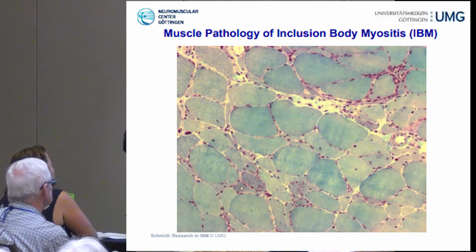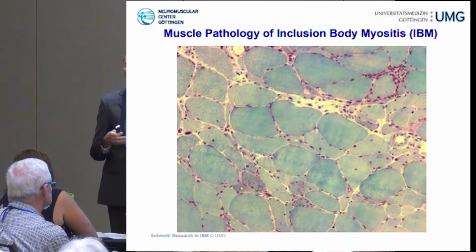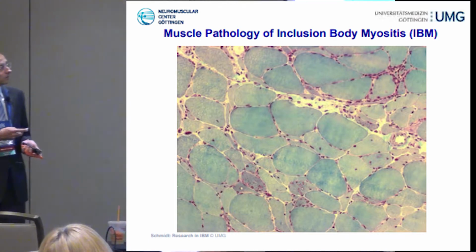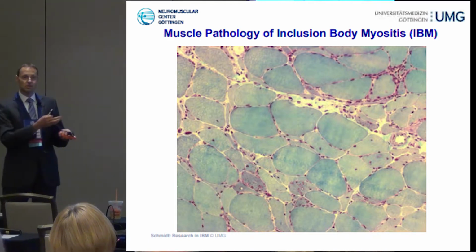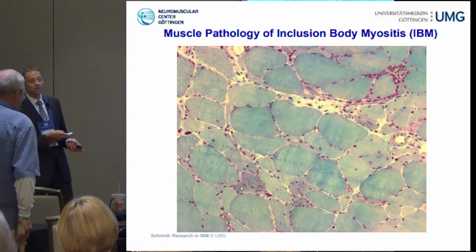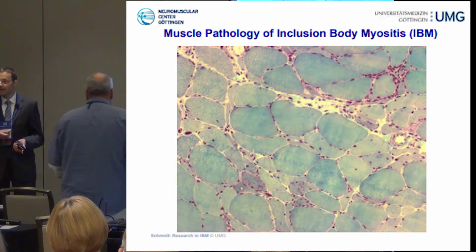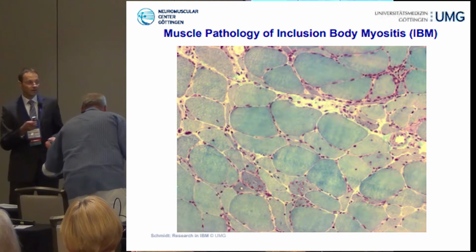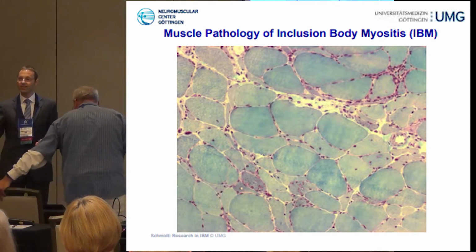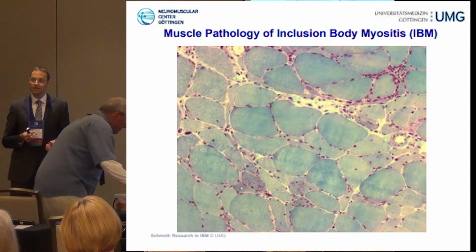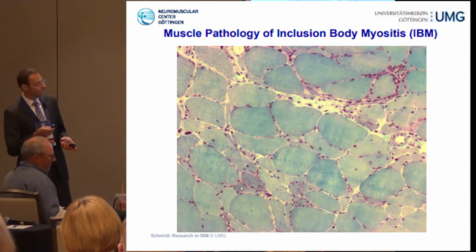All of these proteins lump together inside the muscle fibers, as you can see down here, and I'm sure most of you are already aware of this. This is a cross-section of a patient with inclusion body myositis. In the same muscle, we have inflammatory cells that attack the skeletal muscle fibers.